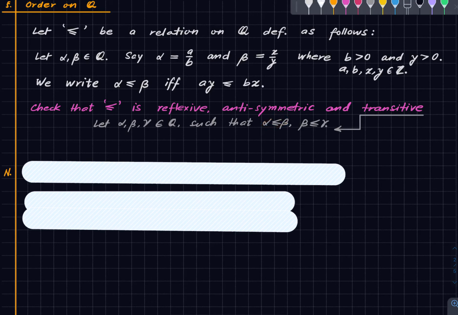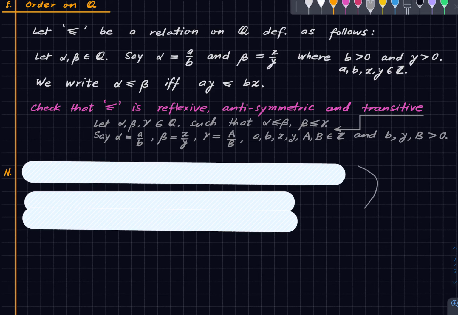Say alpha is this, beta is that, and gamma is this, where all of these things are integers and the denominators are all positive, and I have run out of space.